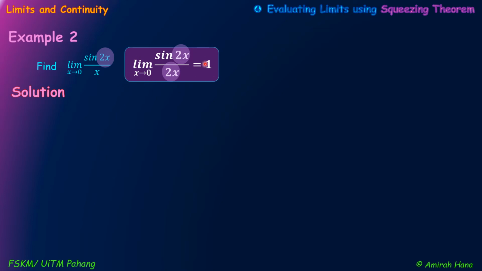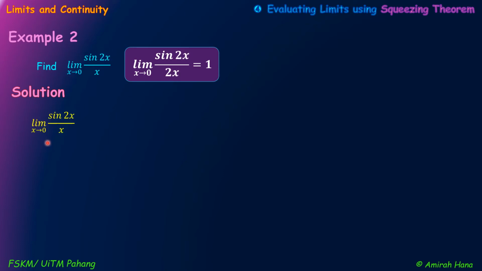From the squeezing theorem, the denominator should be exactly equal to the argument of sine, or the angle of sine. Never change the angle of sine, but we need to adjust the denominator. So what should we do?